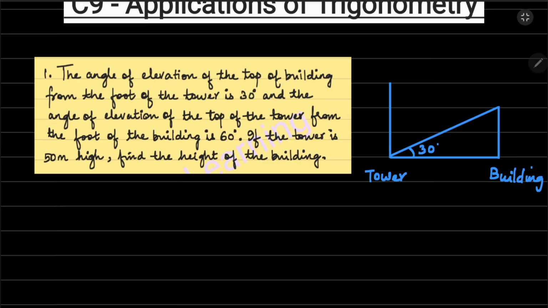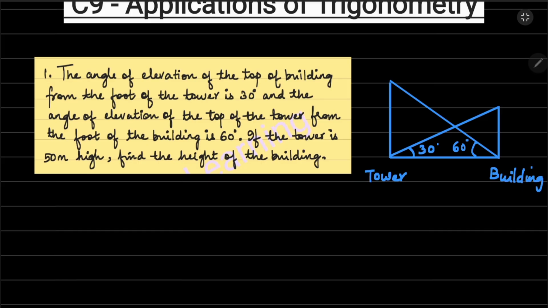Now let's go ahead. The angle of elevation of the top of the tower from the foot of the building is 60 degrees. So from the foot of the building to the top of the tower, this angle is 60 degrees.